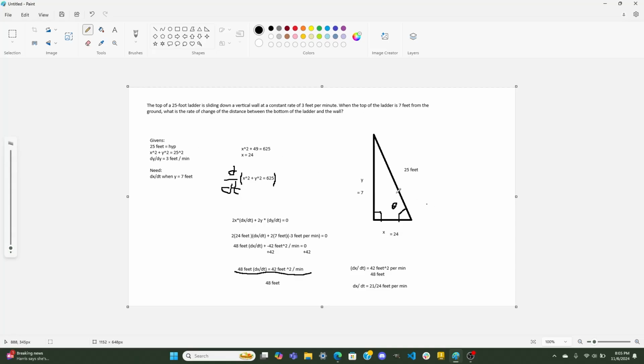And we started solving for variables using said equation because we are going to use them in the derivative of the equation with respect to time. So after solving this, we get 21 over 24, and this is pretty much how to solve these types of questions.